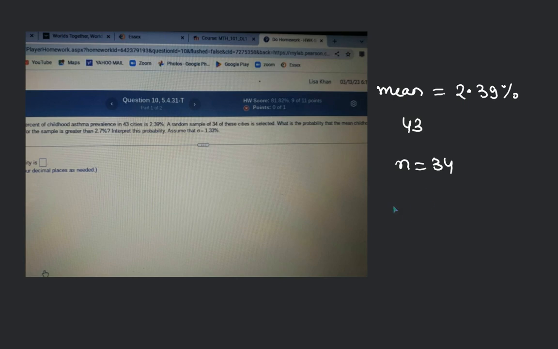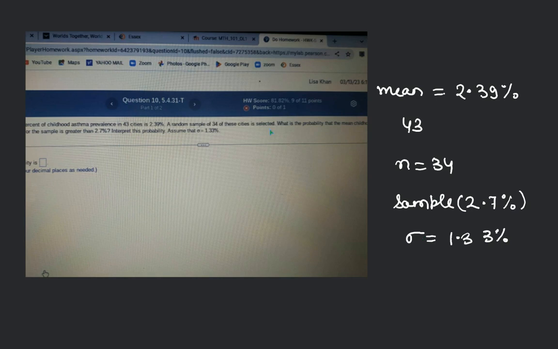What is the probability that the mean childhood asthma prevalence for the sample is greater than 2.7%? And then it says interpret this probability and assume that the standard deviation is equal to 1.33%.